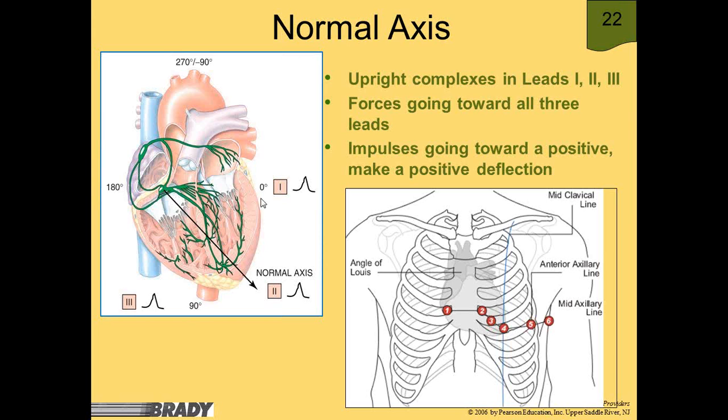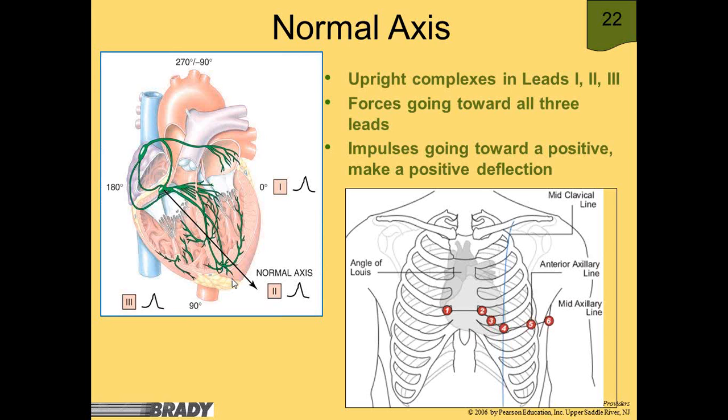And the positive leads are going to show up when electricity moves towards it with a positive deflection. So in lead 1, it's coming from the right side towards lead 1 slightly, definitely towards lead 2, and definitely towards lead 3. So we're going to see a positive deflection, or upward deflections, in each one of those leads when our electricity moves in this normal pattern through the heart.